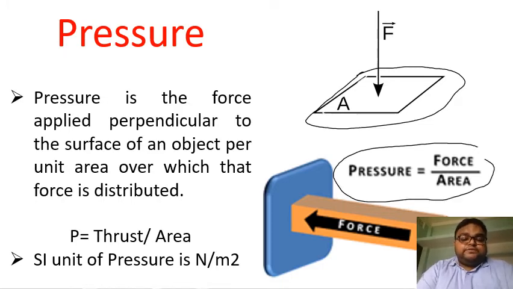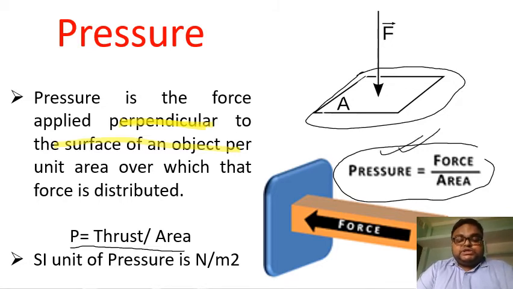So this is the formula. P is equal to thrust by area, or we can say pressure equals force per unit area, right? So what is the SI unit of pressure, students? Okay, right. So the SI unit of pressure is Newton per meter squared, right? Newton per meter squared.